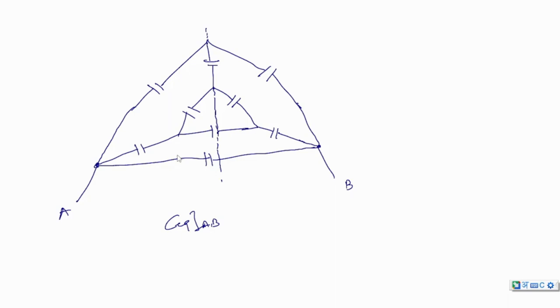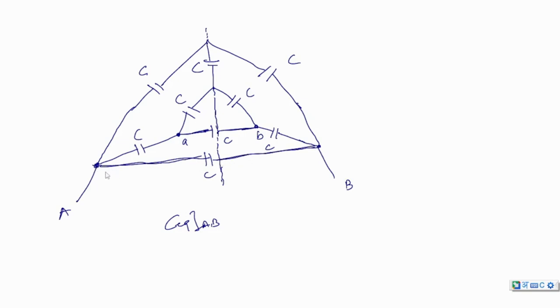Now, the approach for this problem is that this point and this point, A and B, are at the same distance from the axis of symmetry. This distance, this distance, this distance, and this distance.